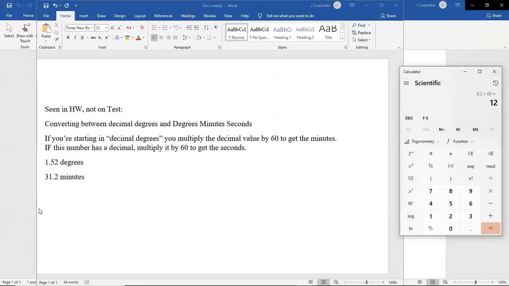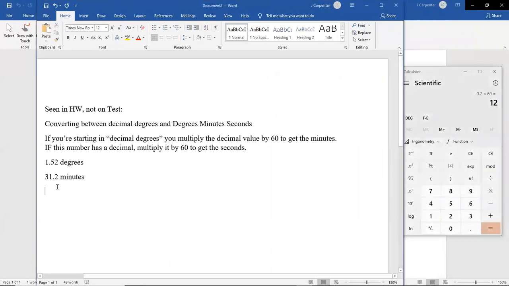And that'll give us 12. So that means it's 12 seconds. So that means this is really 1 degree, 31 minutes, and 12 seconds.